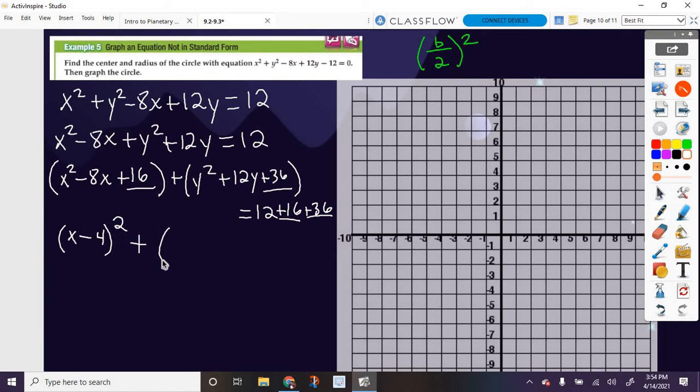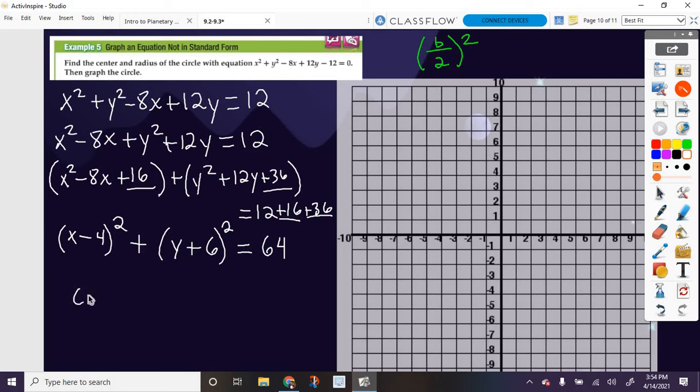Likewise, with our y squared, we're looking for what multiplies together to give us 36 that adds together to give us 12. Well, that's going to be y plus 6 times y plus 6. And so instead of writing it twice, I'm just going to write it as quantity squared. And then we do 12 plus 16 plus 36 gives us 64. And so now I have my equation in standard form.